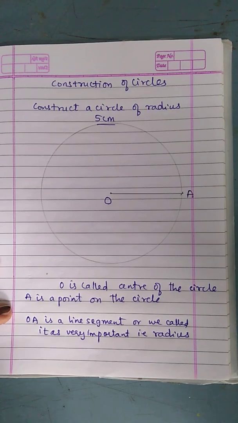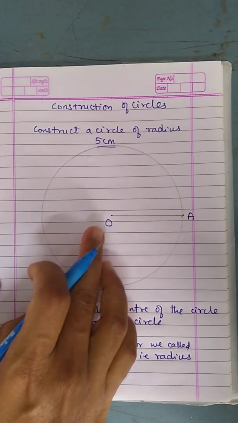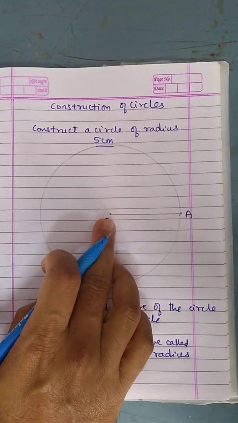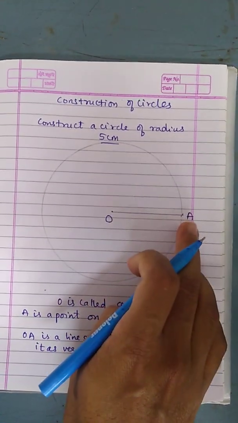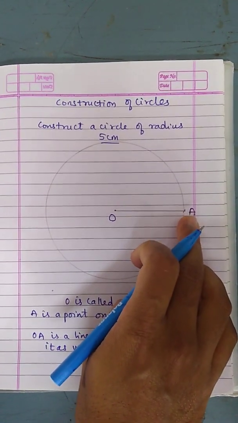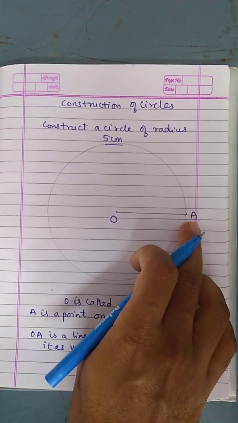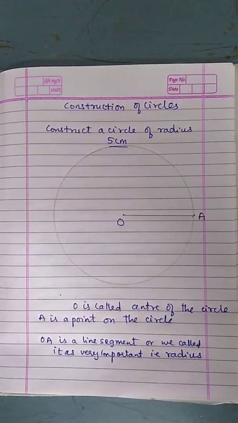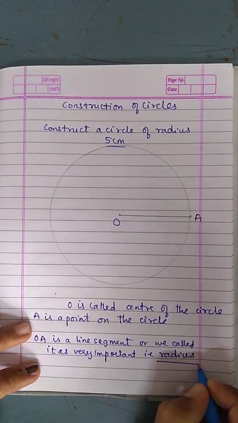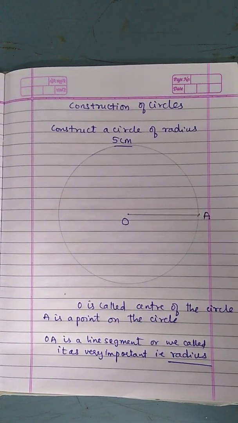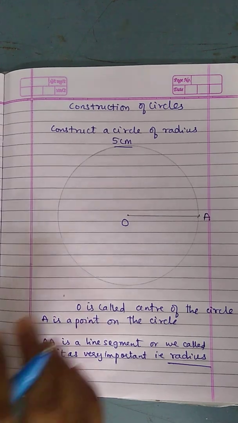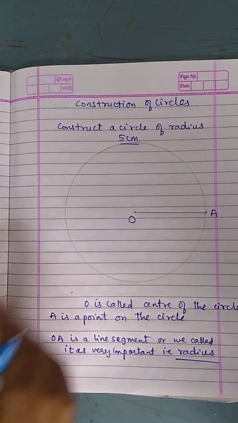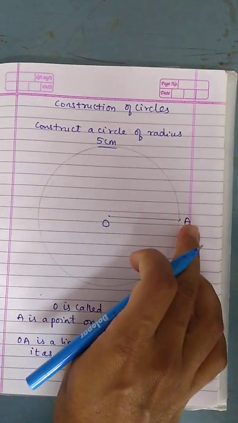The line segment which joins the center of the circle and a point on the circle, we call the radius. Radius is a line segment which connects the center of the circle and a point on the circle.